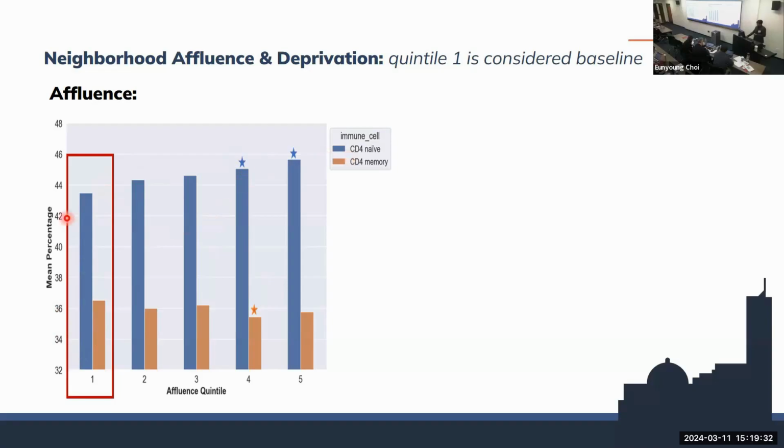As we can see, as we go up the neighborhood affluence ladder, more affluent neighborhoods have more CD4 naive counts, and it is shown to be significantly different for the most affluent neighborhoods compared to the least affluent neighborhood. And for CD4 memory, though we have some findings, we couldn't establish any clear trend as we move up the affluence ladder.